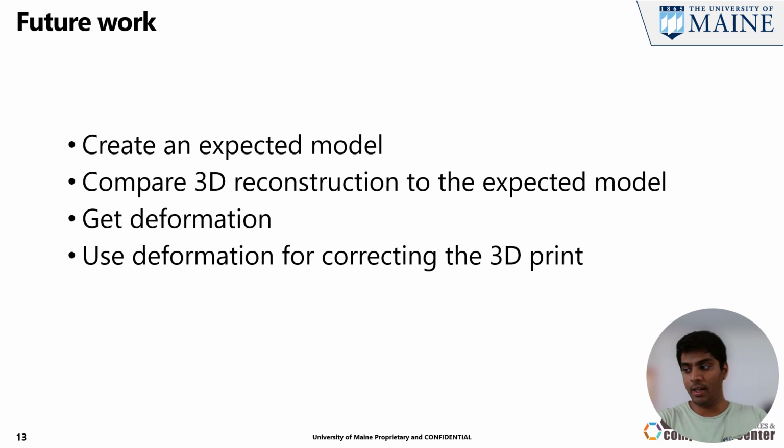Now that we have a good 3D reconstruction, what we think the future work is going to be is we need to create an expected model and compare the 3D reconstruction to the expected model. We have a CAD model. We convert that to an expected point cloud by sampling points on the CAD model, and then we need a method to overlay this.